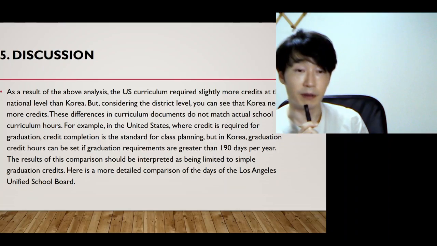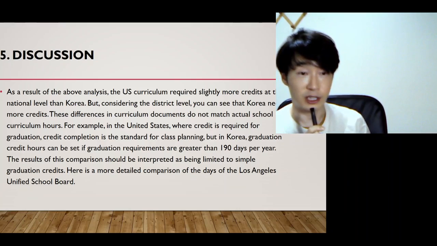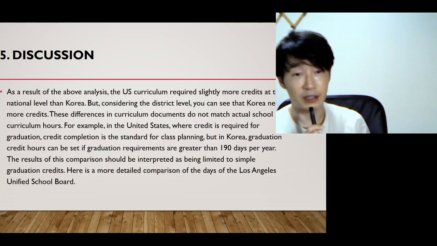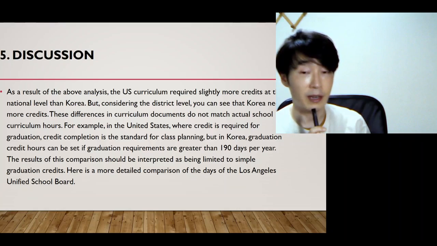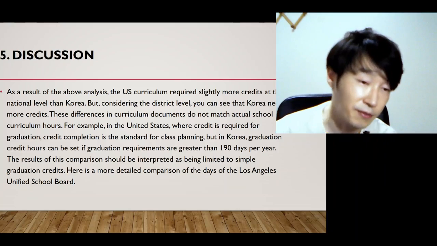For example, in the US, where credit is required for graduation, credit completion is a standard for class planning. But in Korea, graduation credit hour can be set if graduation requirements are greater than 190 days per year. So graduate standards differ.